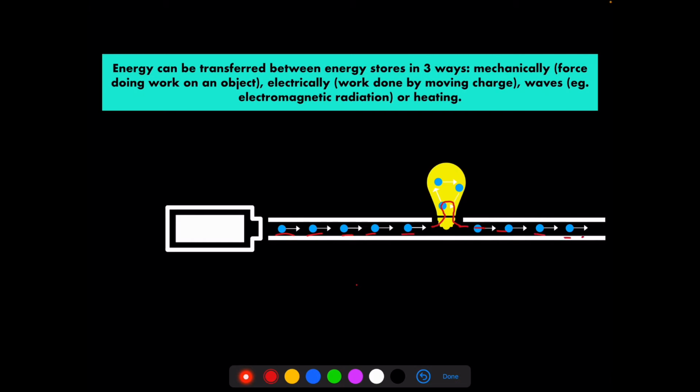So these moving charges are transferring energy from the chemical energy store of the battery. Let's write that out in full, just to make it understandable.